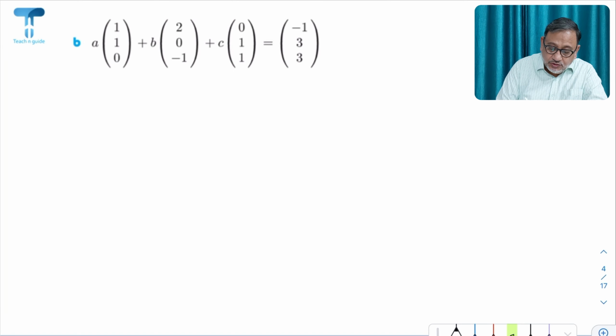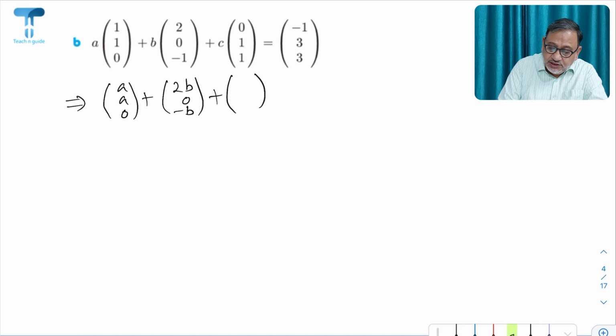So this will imply, I will multiply: by A I will multiply (1, 1, 0), so A, A, 0, plus by B I will multiply (2, 0, minus 1), so 2B, 0 and minus B. Then by C I will multiply (0, 1, 1), so 0, C and C, is equal to (minus 1, 3, 3).